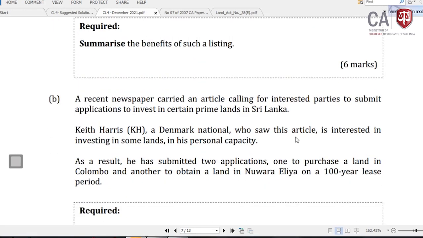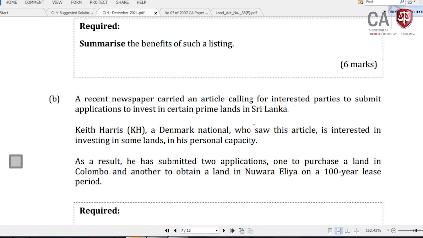Then B, a recent newspaper carried an article calling for interested parties to submit applications to invest in certain prime lands in Sri Lanka. Keith Harris, a Denmark national who saw the article, is interested in investing in some lands in his personal capacity.